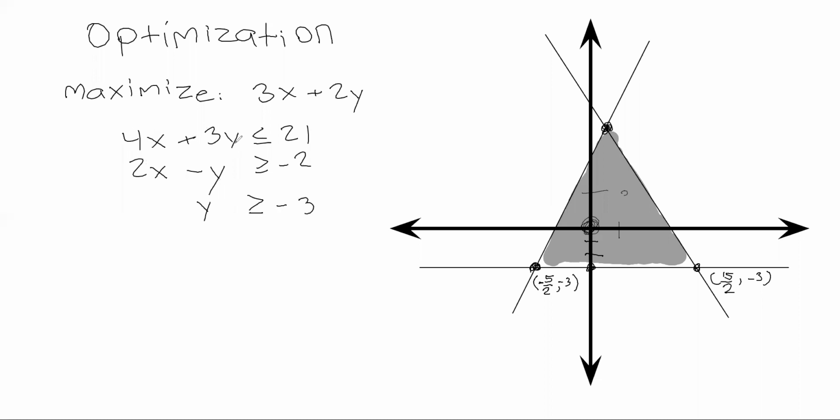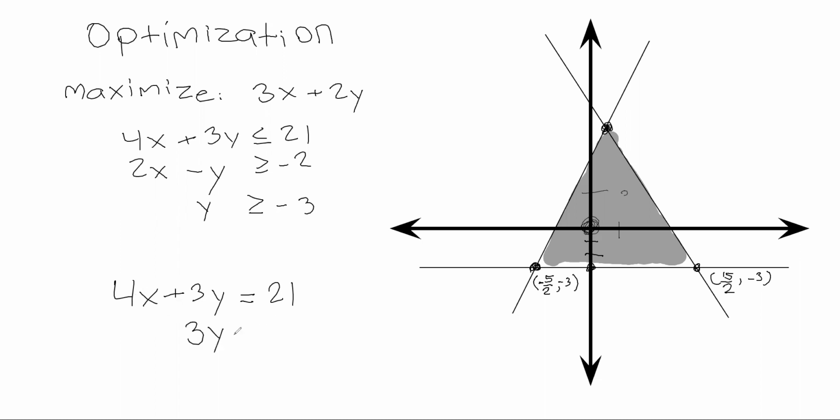So I want to take our top inequality and solve for y. But before we do that, let's create an equation instead of an inequality to model the information. So let's solve for y. We can subtract 4x from both sides.